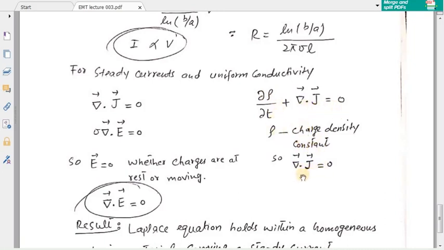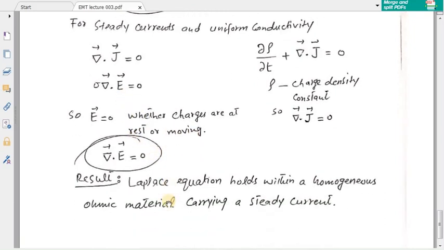If del dot J is equal to 0, by replacing the value of J as sigma times E, we can infer that del dot E is equal to 0, whether the charges are at rest or moving. The remaining equation, del dot E is equal to 0, is known as the Laplace equation. The result of this equation is that the Laplace equation holds within a homogeneous material carrying a steady current.